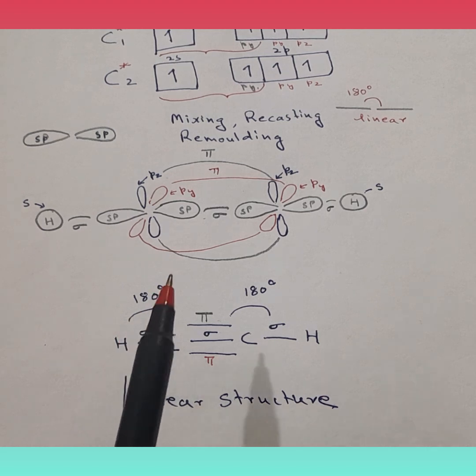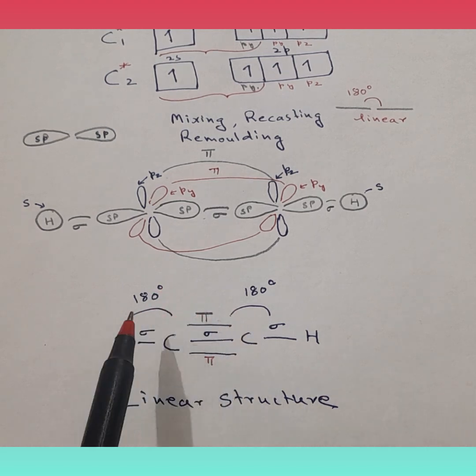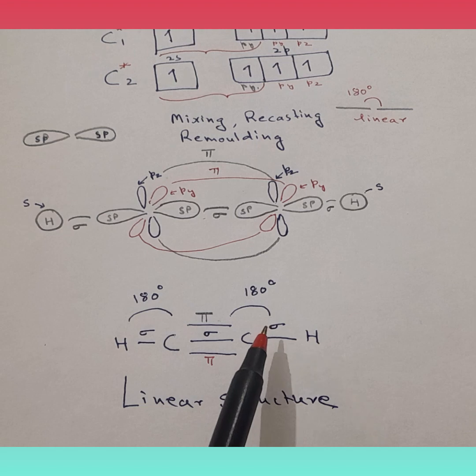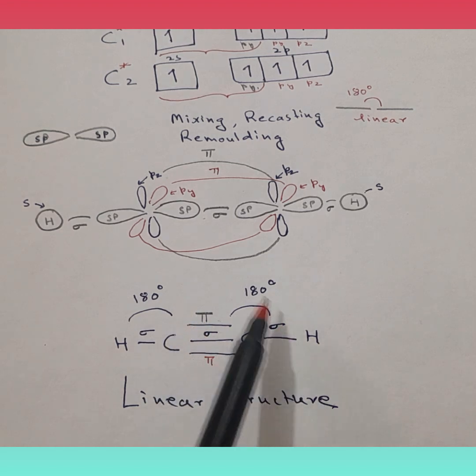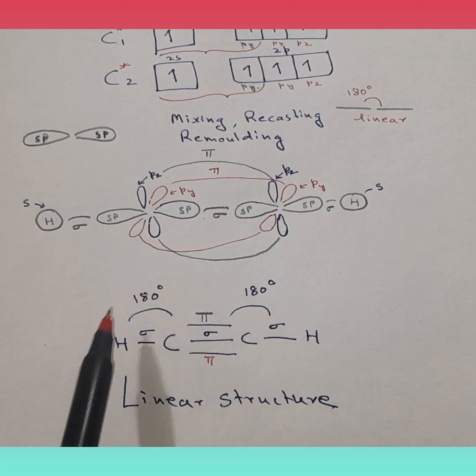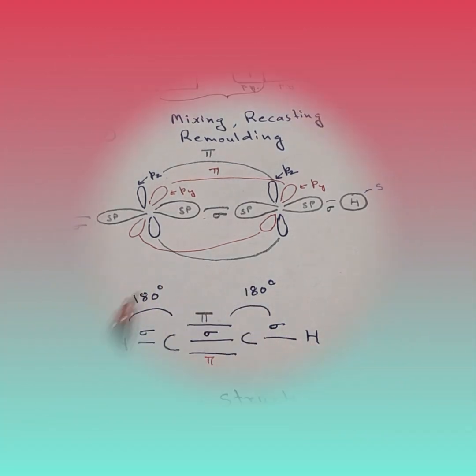That's what it is. So the net result is what? We have 1, 2, 3 sigma and 2 pi bonds. Altogether that's the accountability of 5 bonds.